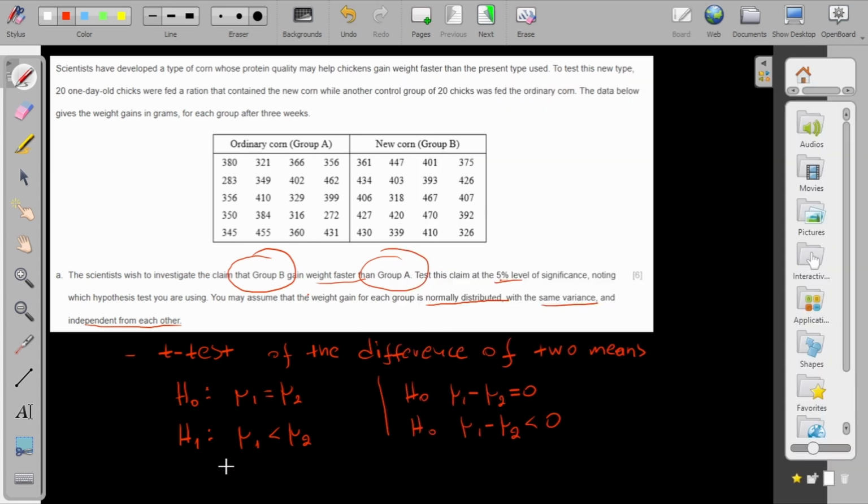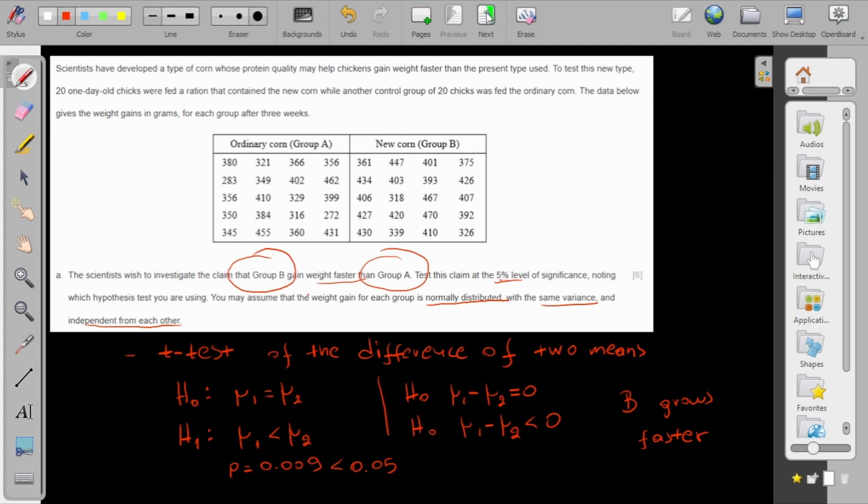So here now I will say p is 0.009, which is less than 0.05. So what should I say in this case? I reject my null hypothesis and I say that group B grows faster. So this is for question A.